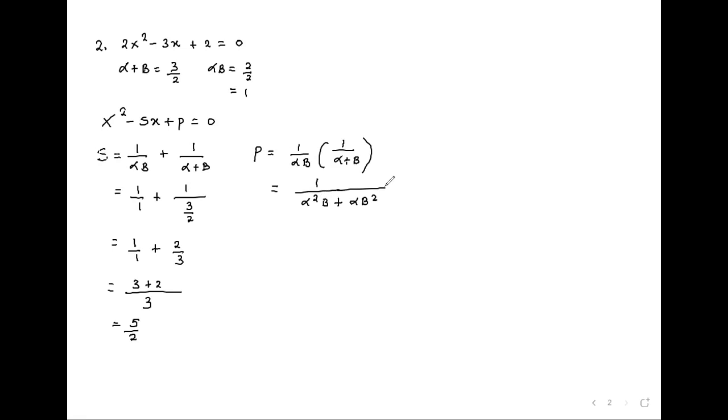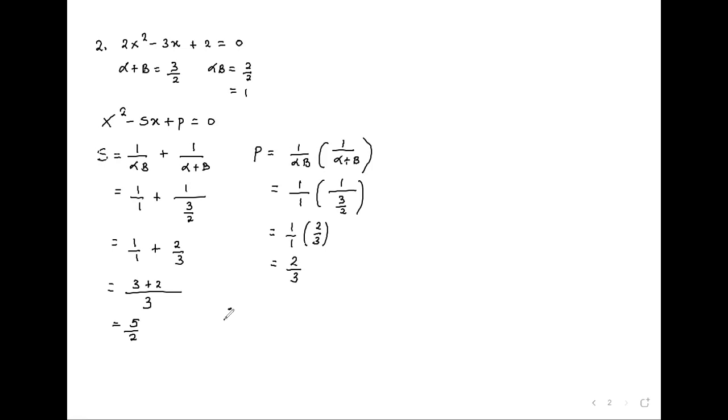So you avoid doing that. We know alpha beta, so where there's alpha beta, you put 1, and where there is alpha plus beta, you put 3 over 2. Now multiplying, this is 1 over 1 multiplied by 2 over 3. So we get 2 over 3.